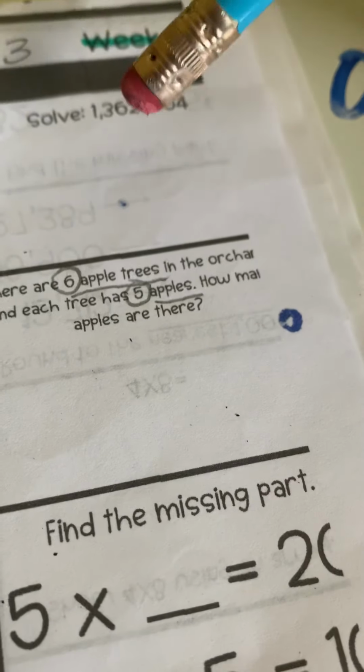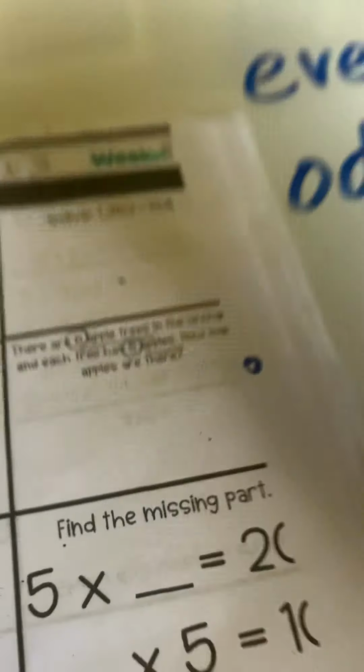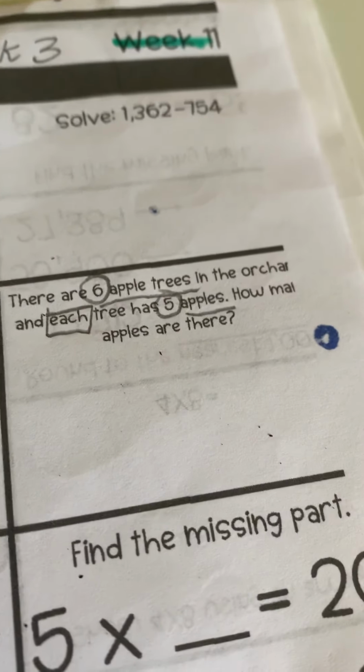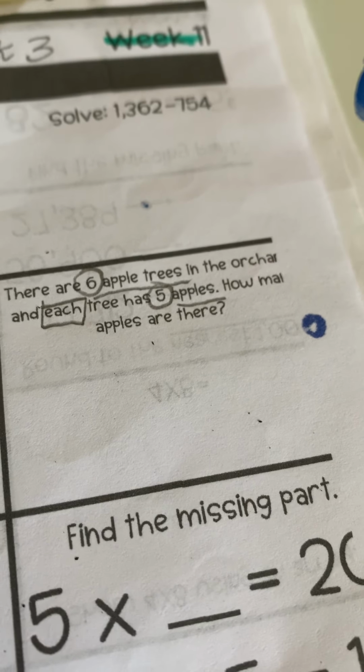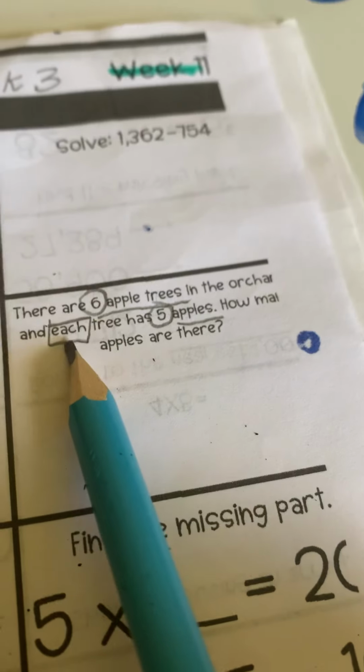So there's 6 apple trees and there's 5 apples on each tree, right? So is there 5 apples all together? No, because it says there's 5 apples on each tree.